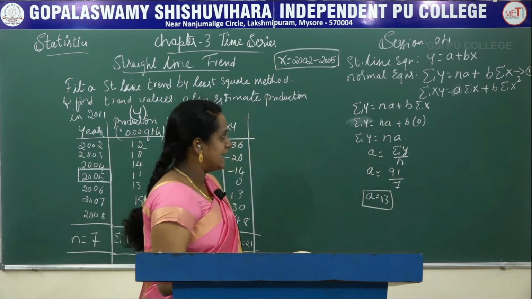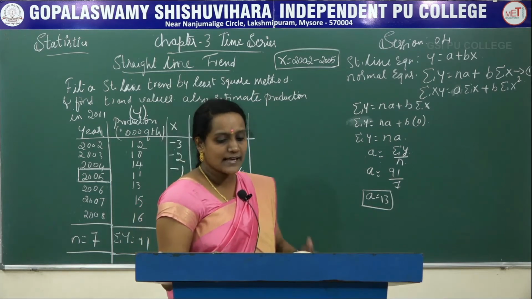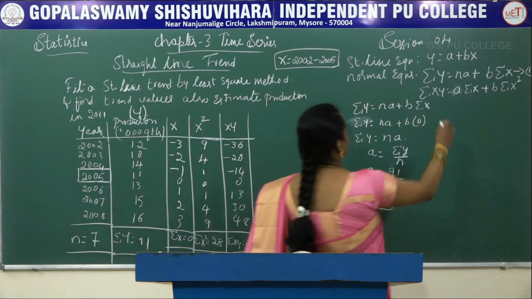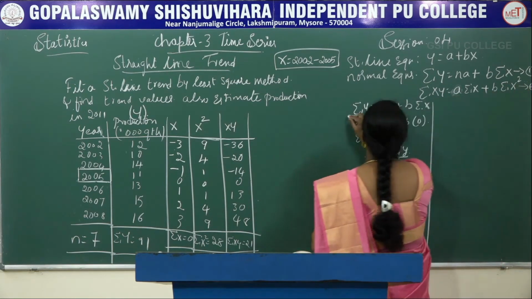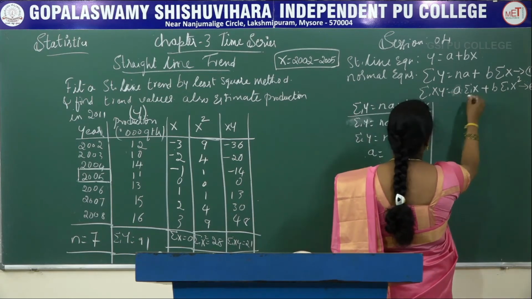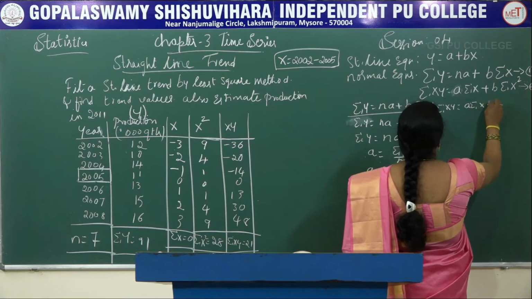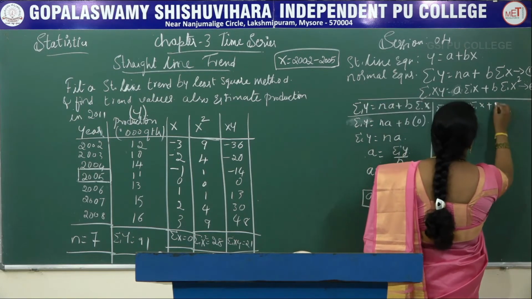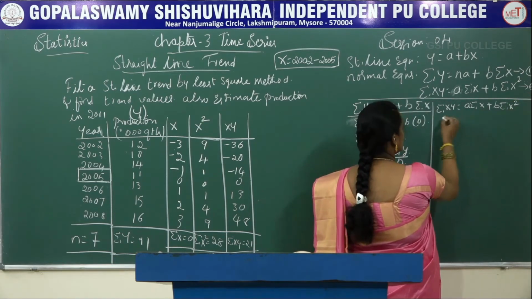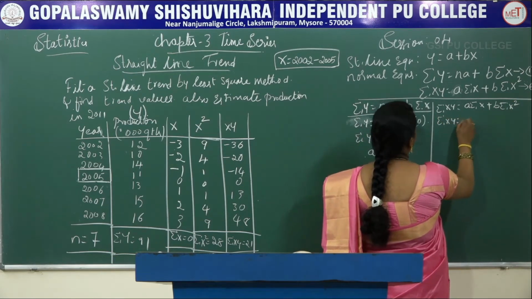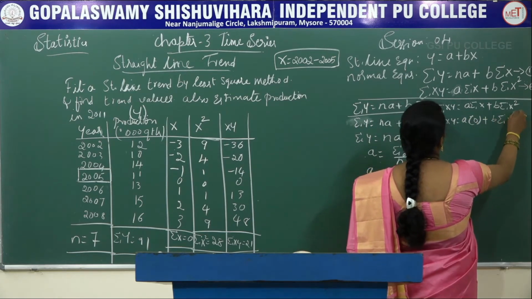Similarly, after finding this, we will go for the next equation, that is the second one. This is equation 2, and equation 1 we have already taken. Here I will take summation xy is equal to a into summation x plus b into summation x square. Again I substitute summation x equals 0: summation xy is equal to a into 0 plus b into summation x square.